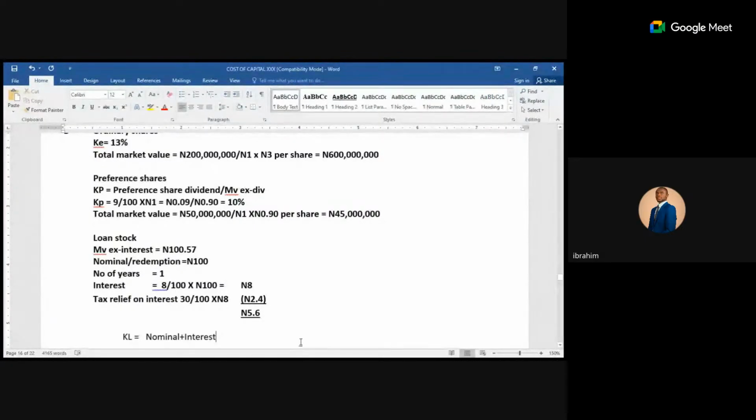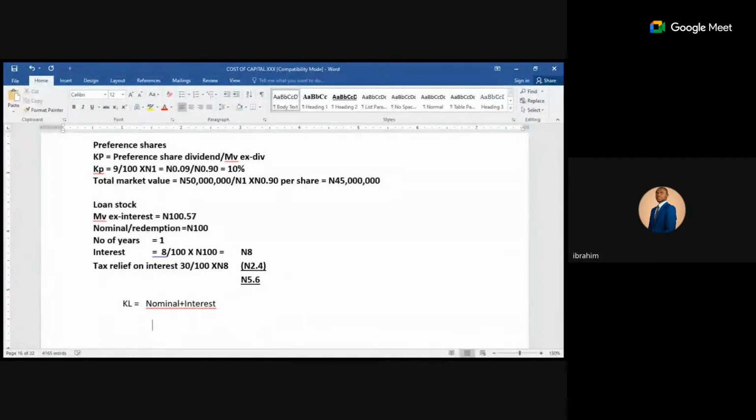Now, we have picked the nominal and the interest. Now, what about the market value as interest? In this case, you can have the market value divided by the market value as interest.